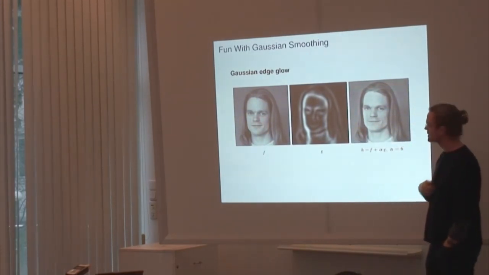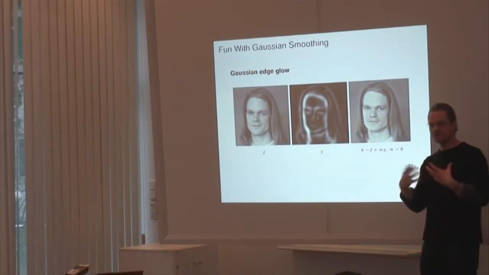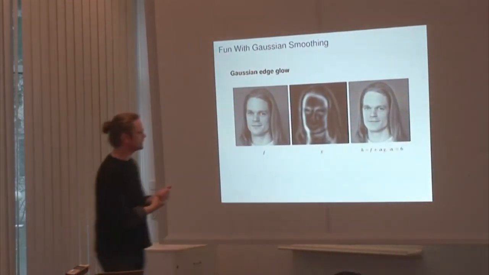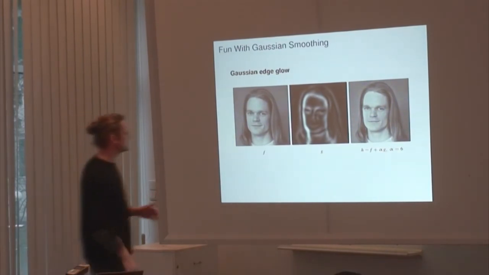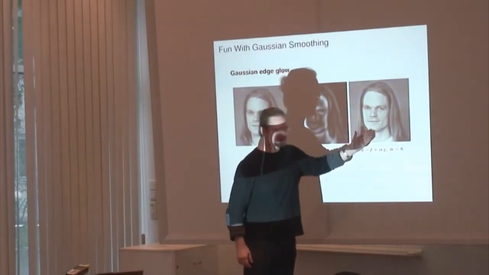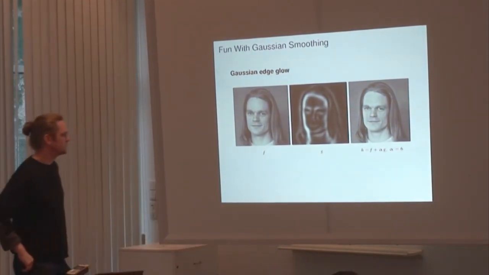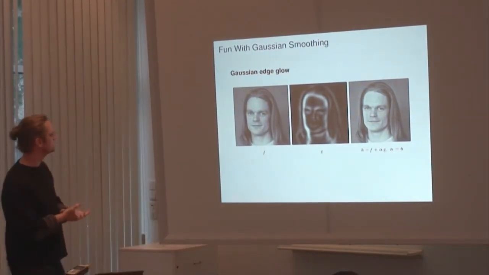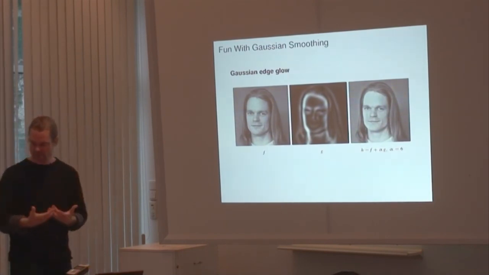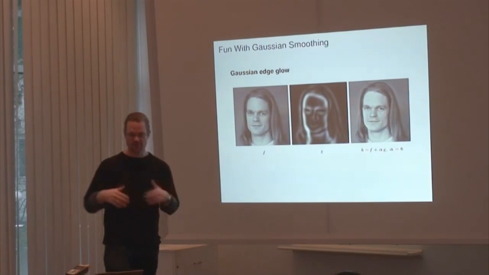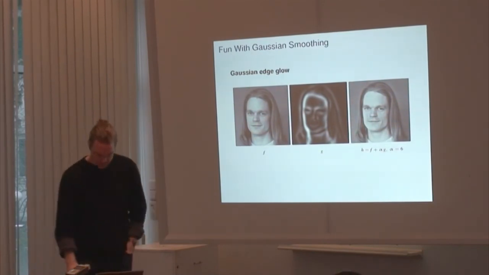So the edges in the image are glowing now, and of course it has become brighter at certain parts. Again, maybe this is aesthetically more pleasing, something you might also find in journals and magazines.